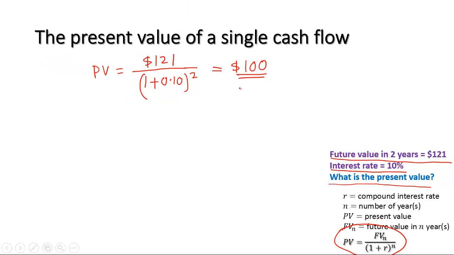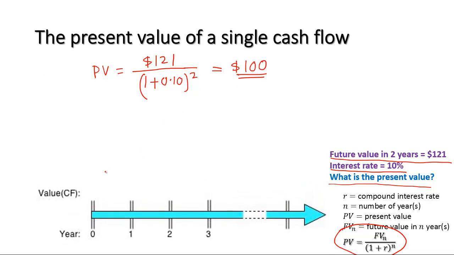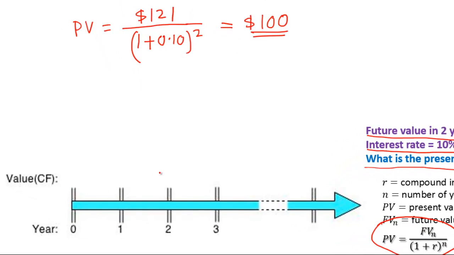Now if we try to visualize this case again using a cash flow timeline, we can see that after 2 years we have the future value of $121. So now we are actually discounting it for 2 years using the present value formula.